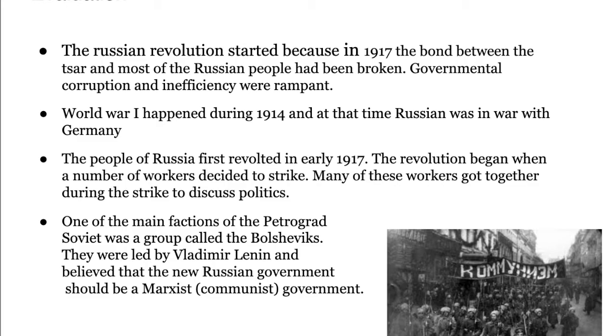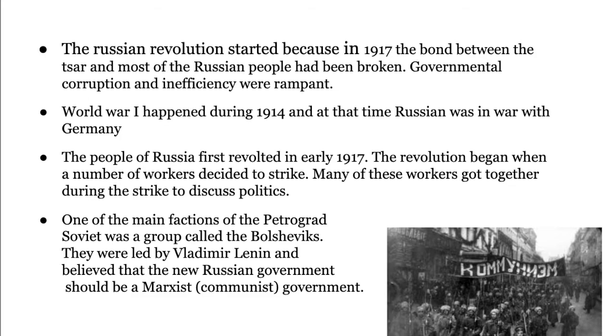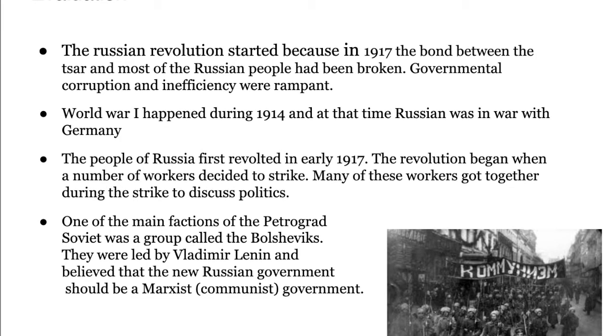The government was run by two political parties: the Petrograd Soviet representing the workers and soldiers, and the provisional government, the traditional government without the Tsar. One of the main groups in the Petrograd Soviet was a group called the Bolsheviks.